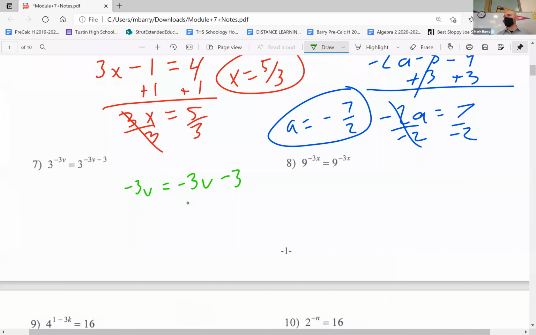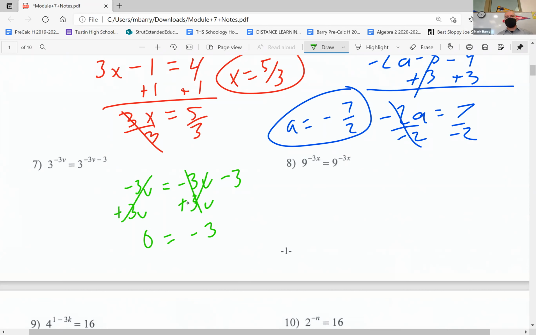Whenever you have variables on both sides of the equation, you want to get them all on the same side. So I'm going to add, not 3x, excuse me, we'll add 3v over to the right side. But it's kind of a special case here because you can see it cancels out on both sides and it says 0 equals -3. So our variable is gone now.